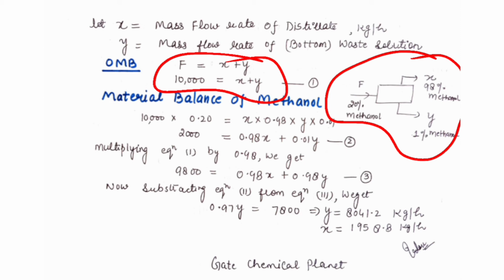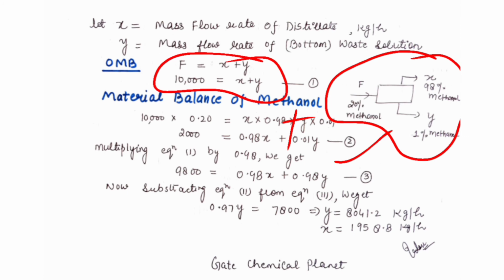Now when we apply the component balance for methanol, we get 10,000 into 0.20 equals X into 0.98 plus Y into 0.01. Here it is a plus sign; by mistake I wrote multiply. So we get equation 2.